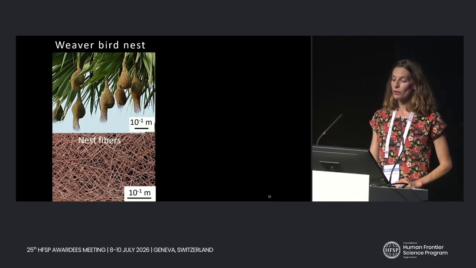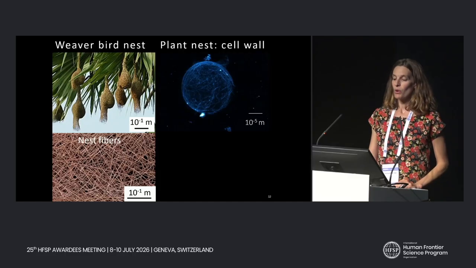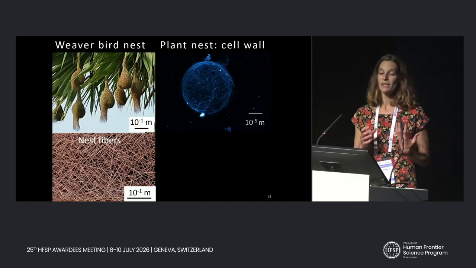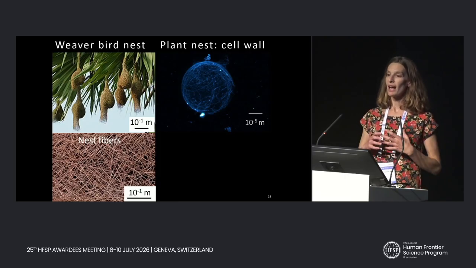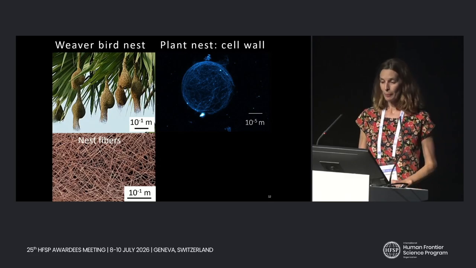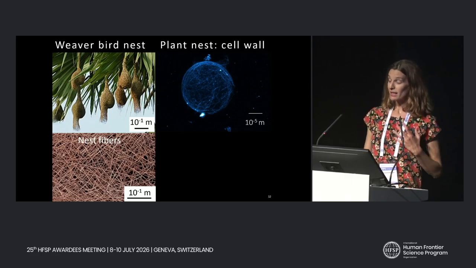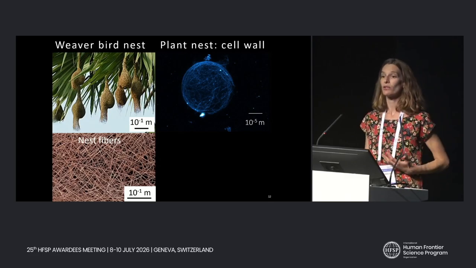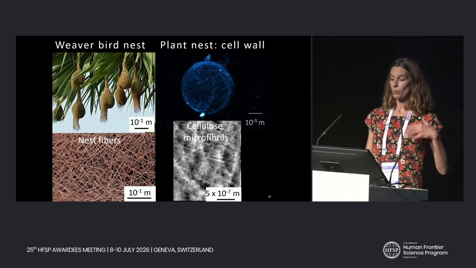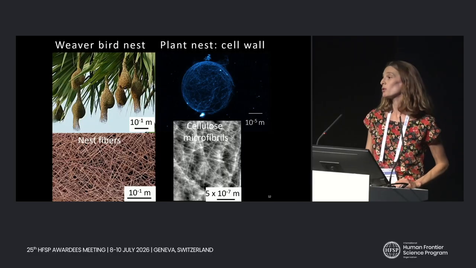Now looking at a smaller scale, about four orders of magnitude smaller, this is a plant cell, and plant cells build a nest around themselves. This nest is the plant cell wall, and here is the primary plant cell wall. Instead of twigs, the plant cell wall is composed of cellulose microfibrils.